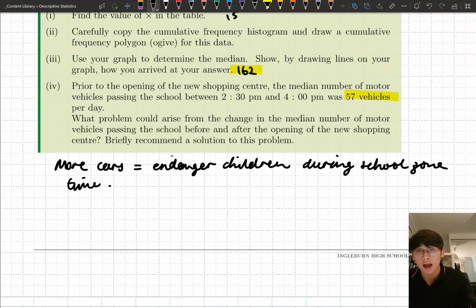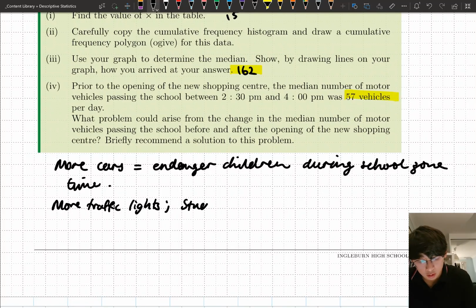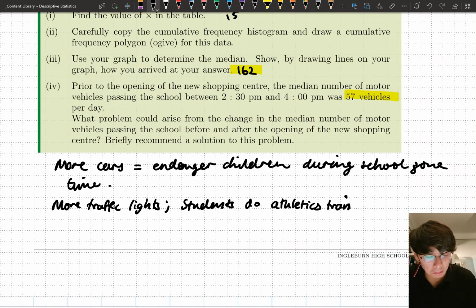A solution that you could have, and you could recommend anything, is more traffic lights, or you could suggest that all the students do athletics training so they can get faster and they don't get hit by cars. That's a random suggestion. Do athletics training. Make the kids faster so they can't get hit by cars. That's legit. So you can just suggest anything here.